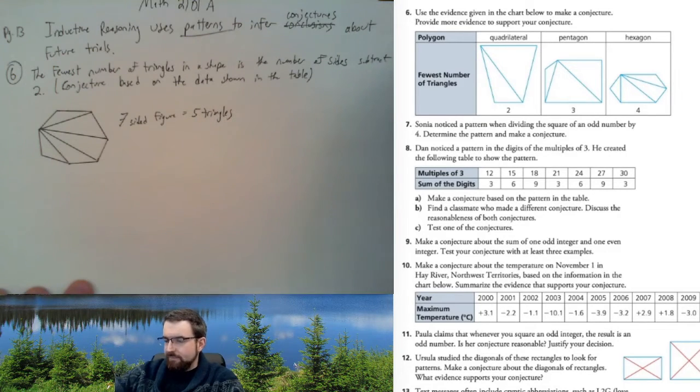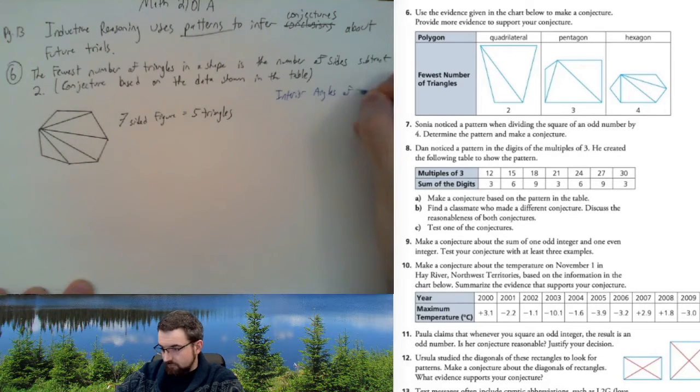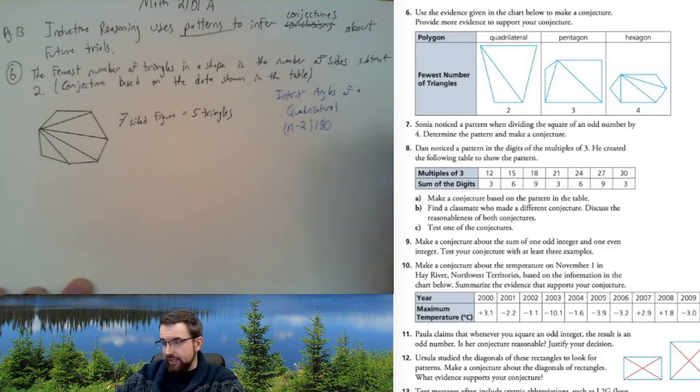Yeah, so the sum of the interior angles of a polygon is going to be n minus 2 times 180, right?